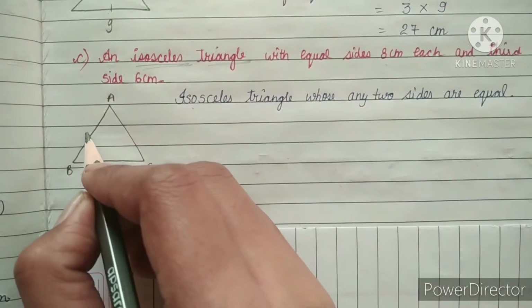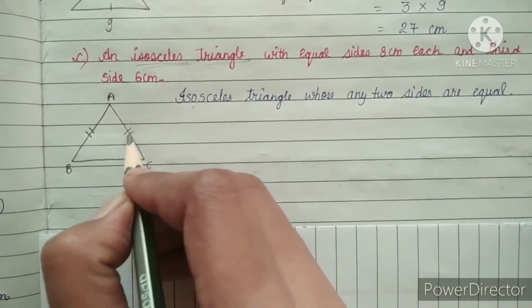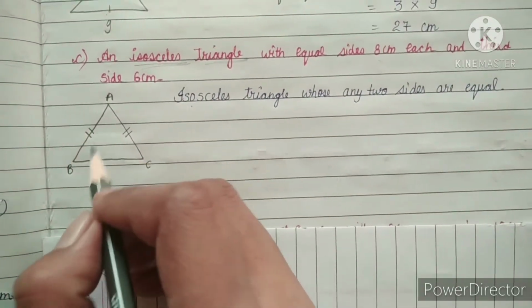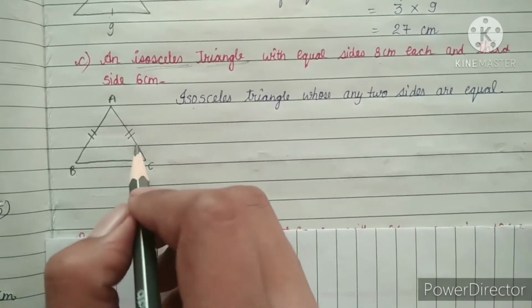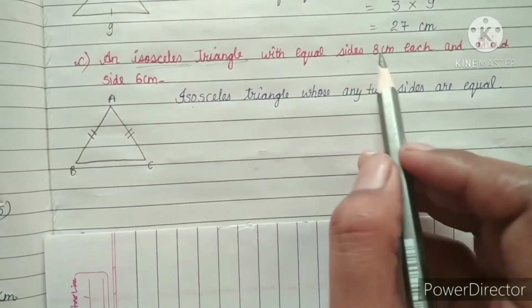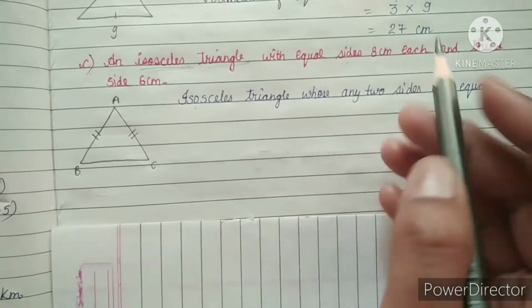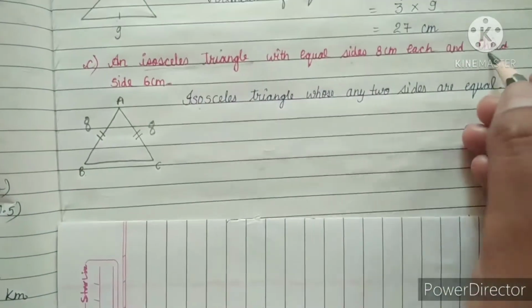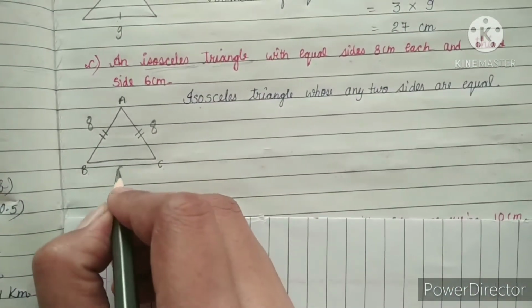For making it isosceles, any two sides are equal. We are assuming here AB and AC are equal. Already given in the question, equal sides are 8 centimeter each. If here is 8, this is also 8 and the third side is 6 centimeter.